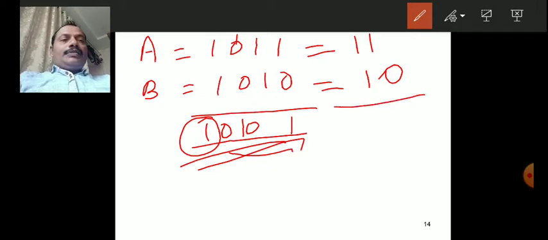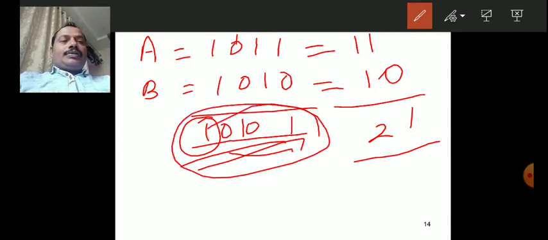Now the addition of these is 21. So we got 21 here. How? These are the 16, 8, 4, 2, 1 weights.